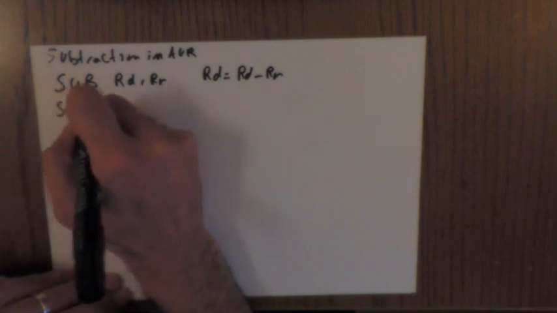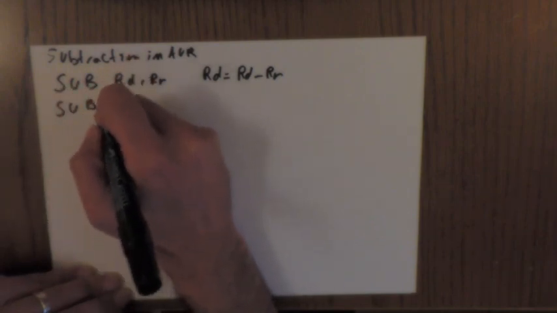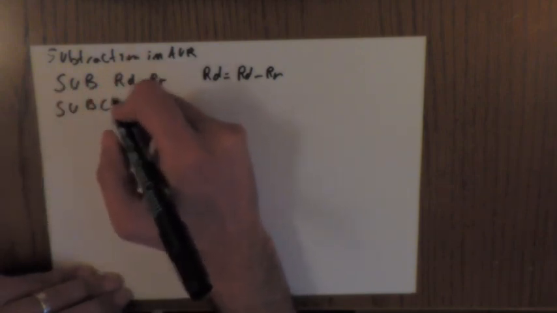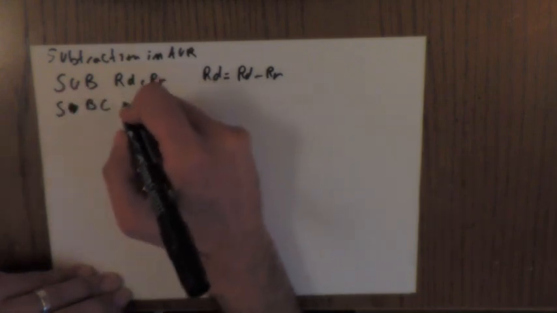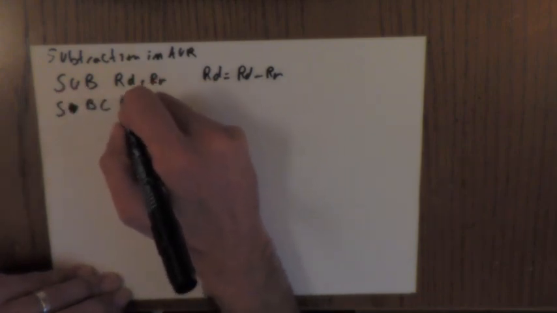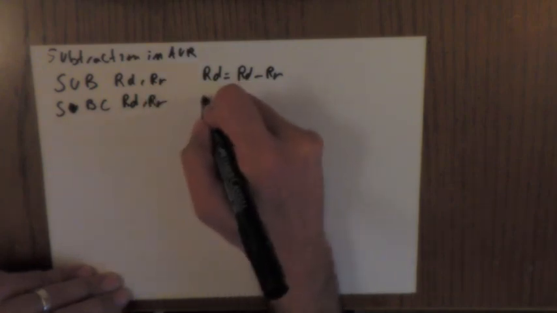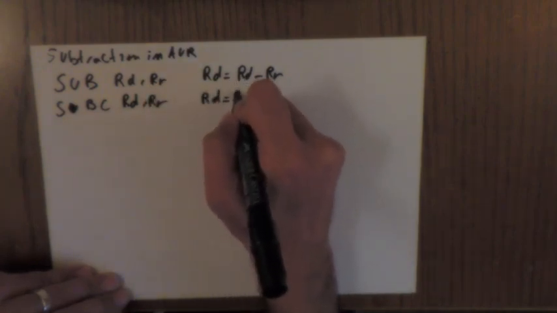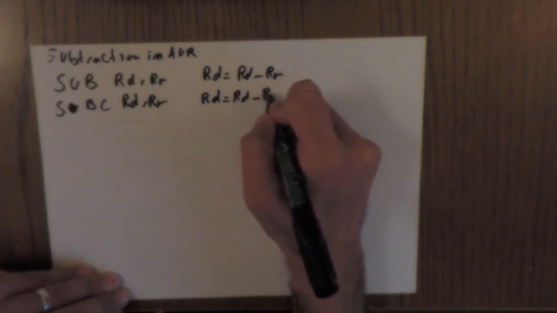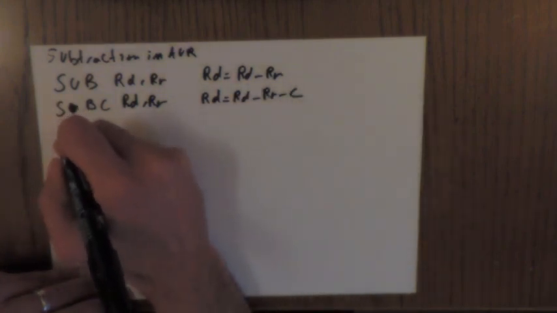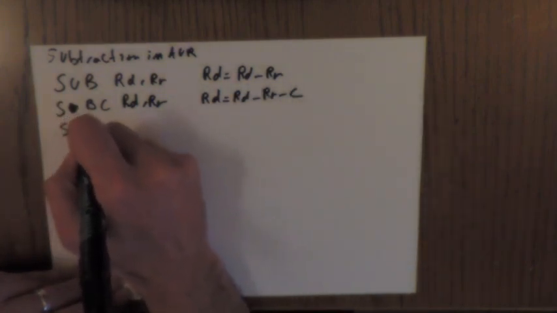We have SBC, Rd, Rr, which is Rd equals Rd minus Rr minus C.